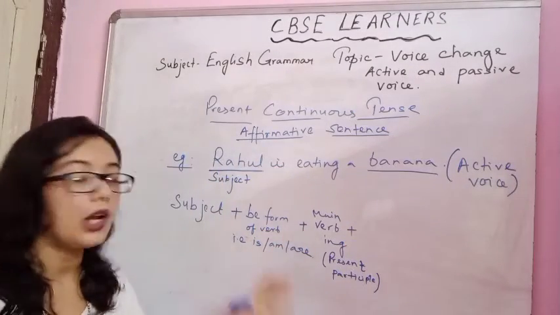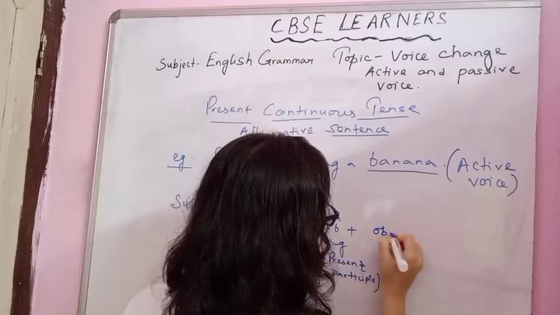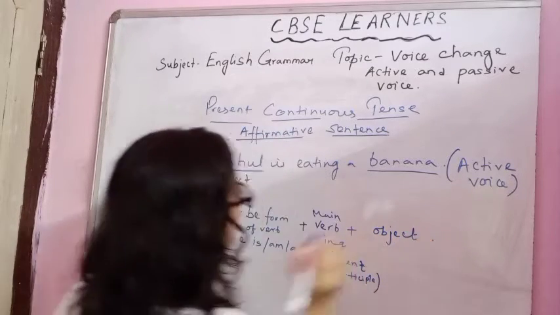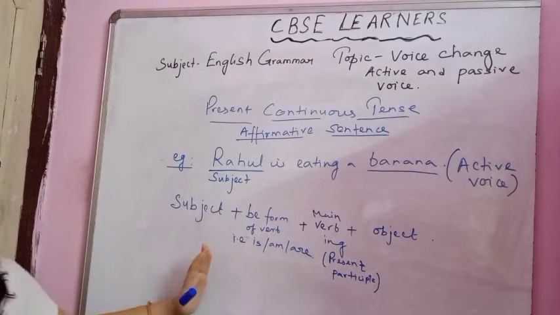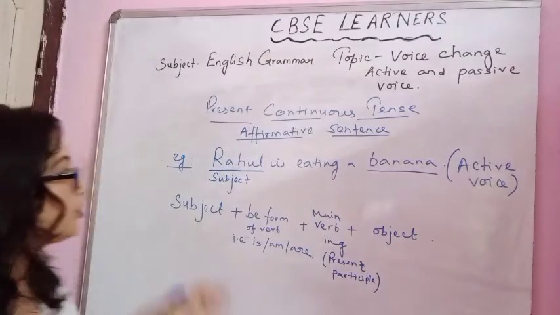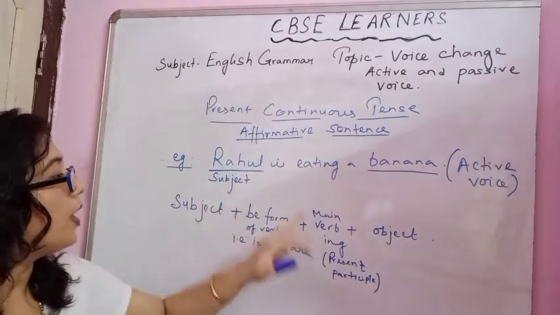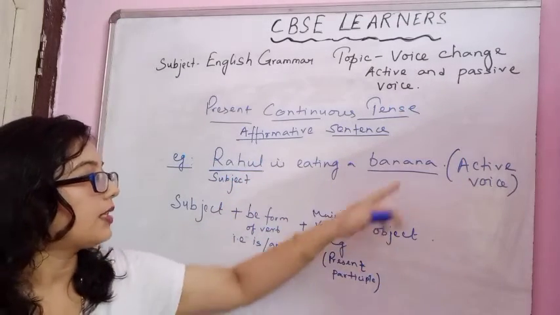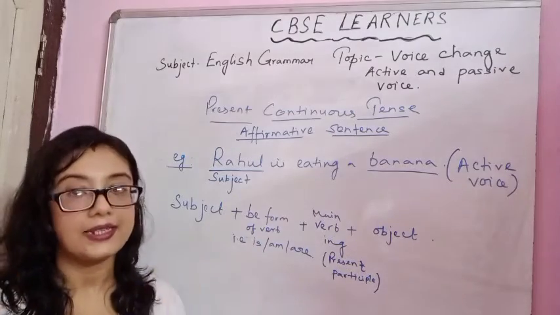So I mentioned clearly that it is the present participle plus the object, which is a banana. Now let's check whether I have correctly written or not, because I am also a human being. I can also make mistakes, isn't it? So here subject is Rahul, be form of verb, verb plus ing plus object. So this is the formula for active voice.